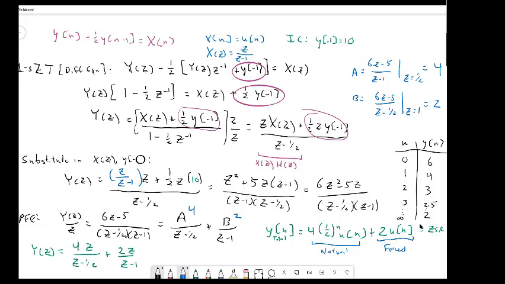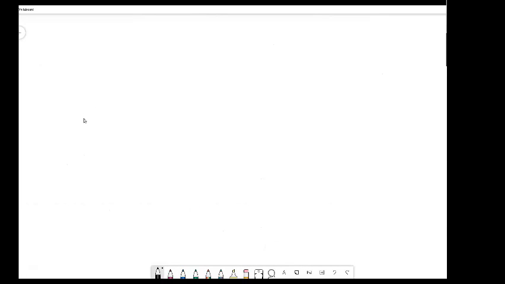If I had just wanted the zero input response, let's clear a little space and see how we would have addressed that. If we were finding a zero input response instead, then we would have still transformed our difference equation the same way.